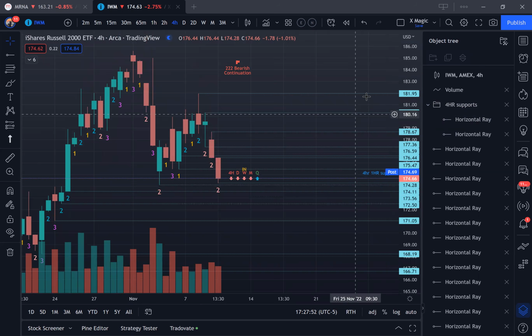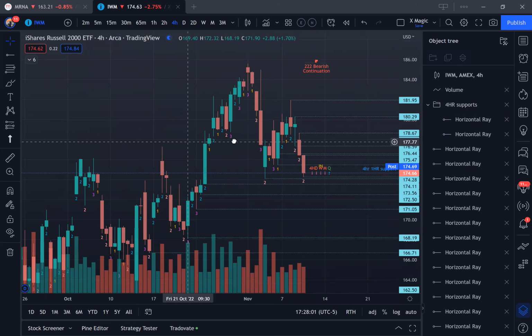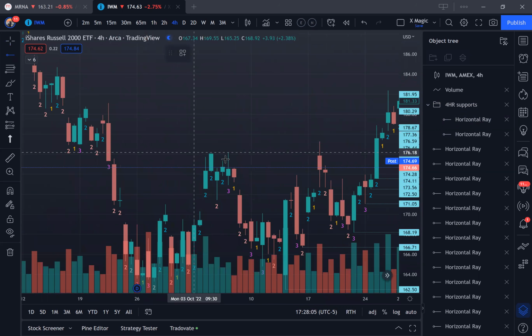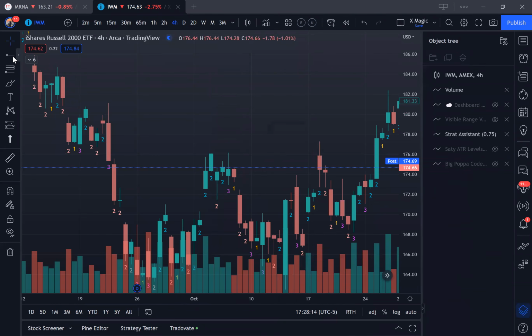Cool. So again, just for support and resistance, it's going to be levels where the price is rejecting. So to give you a better example of it, let's delete everything to make it cleaner.